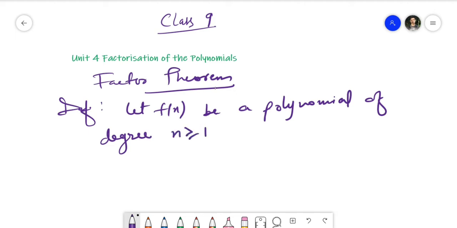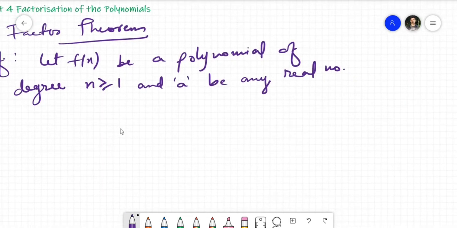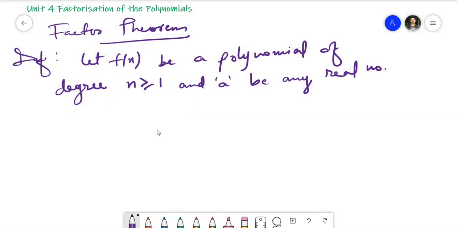Remember that. And a be any real number. I wrote it in short, you can write it properly. So this is your definition.